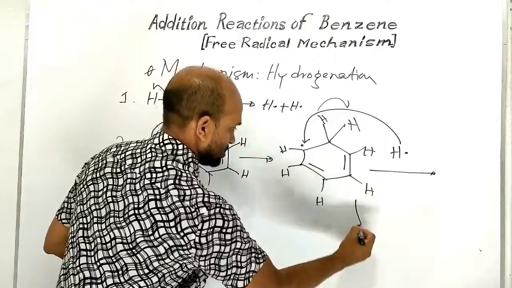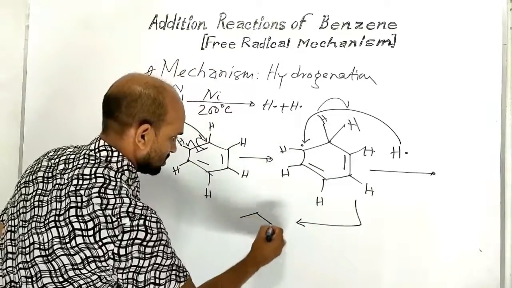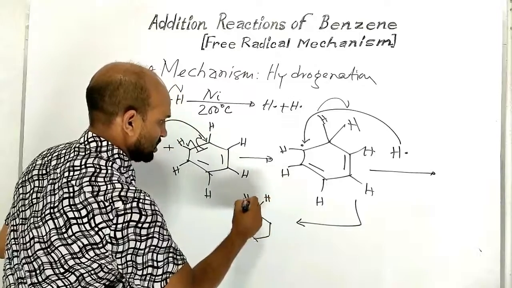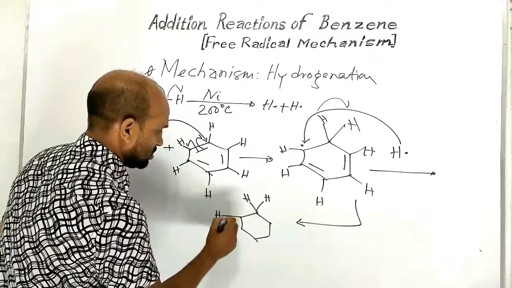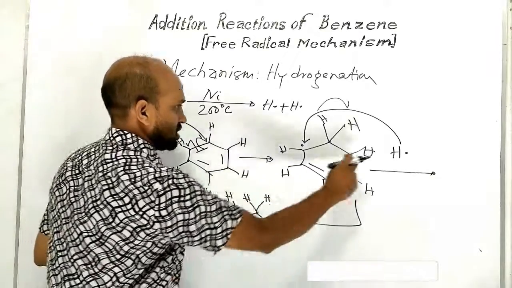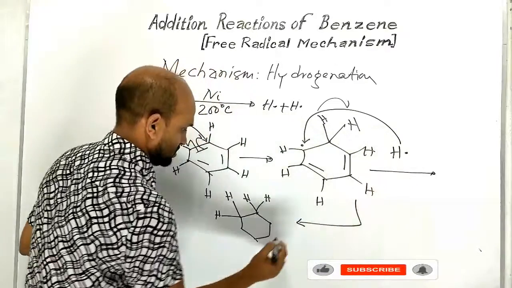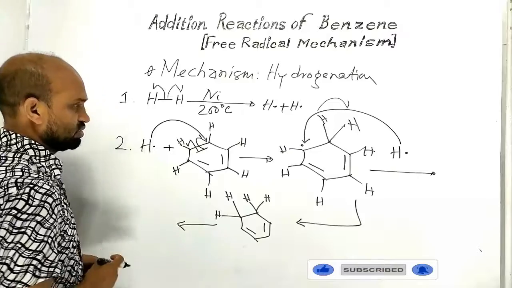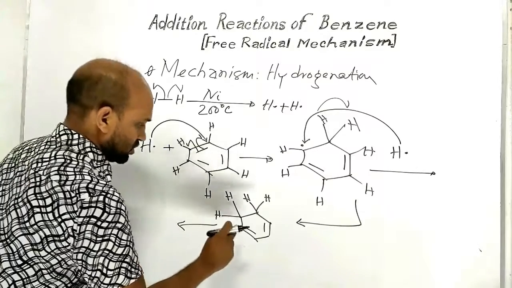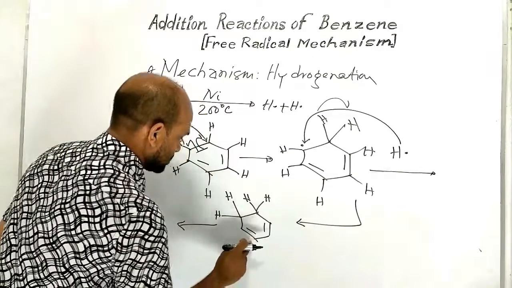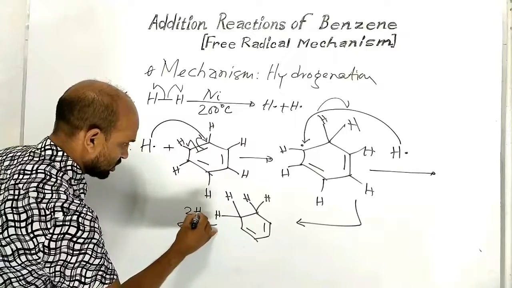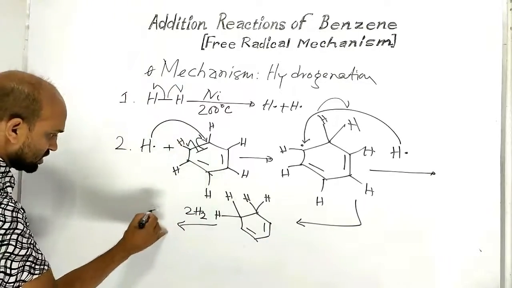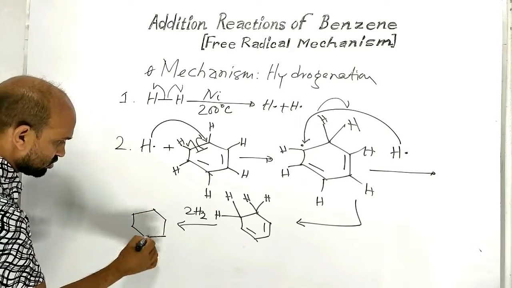Then we get hydrogen, here one hydrogen and another hydrogen, here double bond, here double bond. Similarly, for these two double bonds, another two hydrogen molecules combine with these two double bonds, and finally this compound is formed.